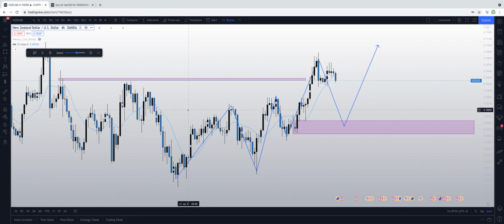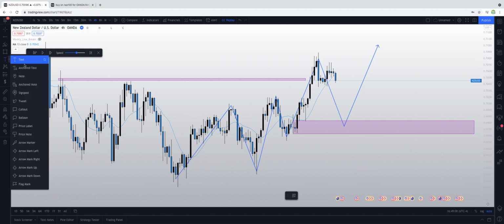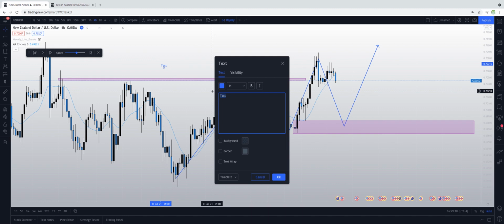The premise is confirmation. Let me actually type it out. So we have 1, structure, 2, area of interest, 3, bullish or bearish formation.